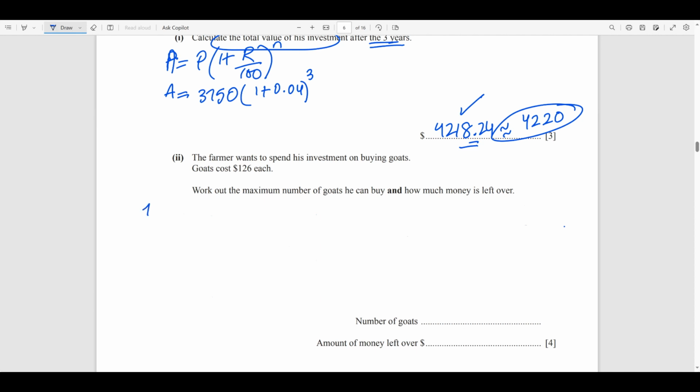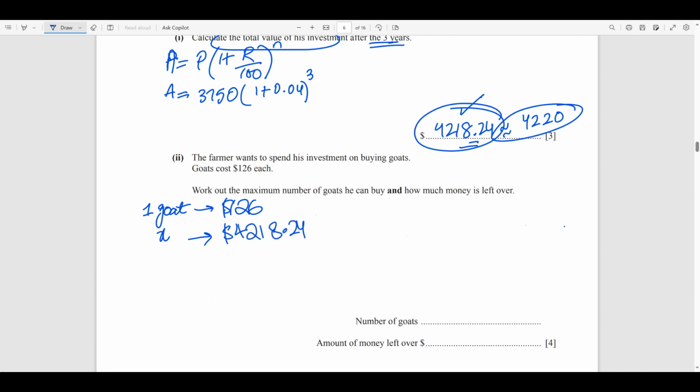For example, one goat costs you $126, right? That's for one goat. So how many goats can you buy? You don't know the number of goats, so you write X here because the count is missing. And then the total cost is 4218.24.